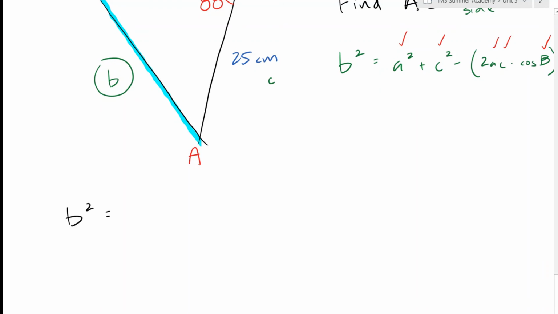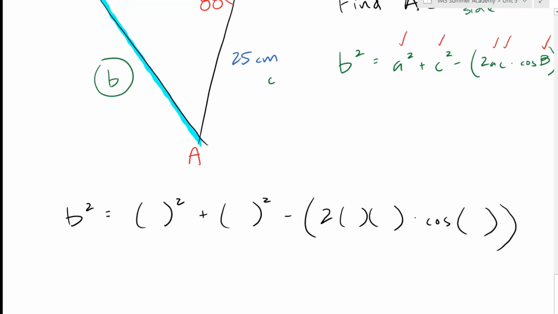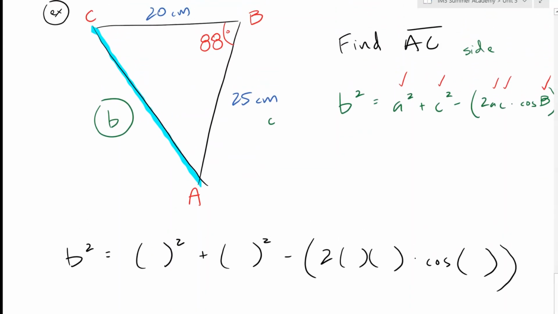So b squared equals, I'll put the blanks to show what we're plugging in here. All right. So going in, little a, 20. Little c, 25. 20 and 25 again. And then big B is the angle, 88 degrees.